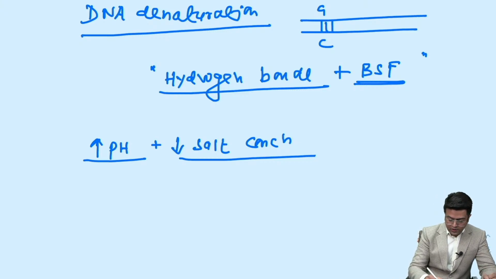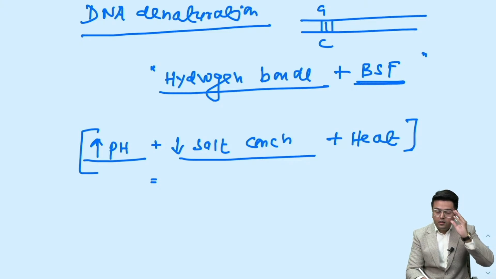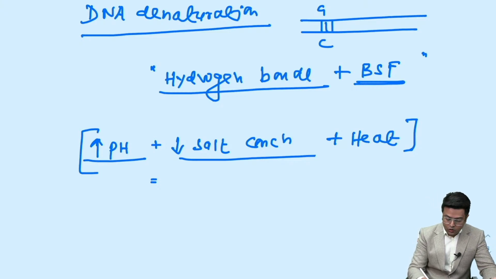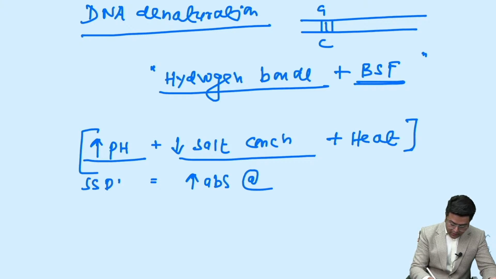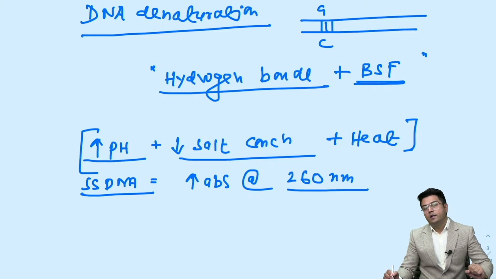So increase in pH, decrease in salt, and breaking the hydrogen bonds by heating. So these are the 3 factors which can denature the DNA. And after denaturing, the DNA absorbs light at what particular wavelength? 260 nanometers. Single stranded DNA has increased absorbance at 260 nanometers. So remember that point also.